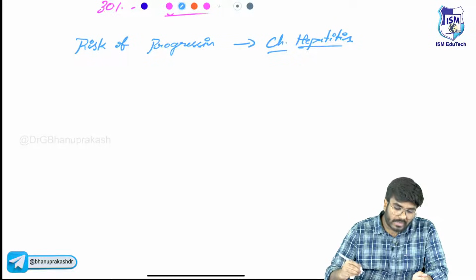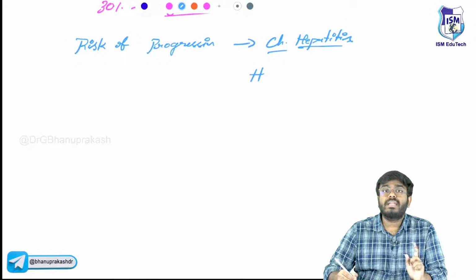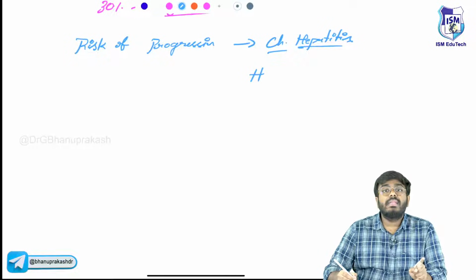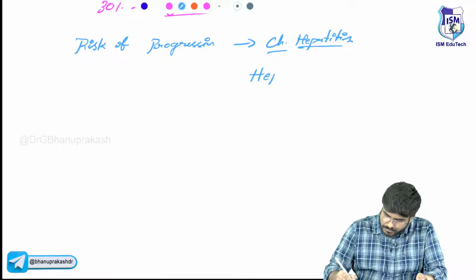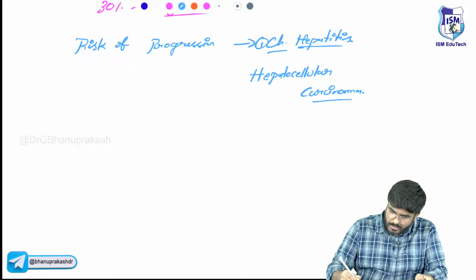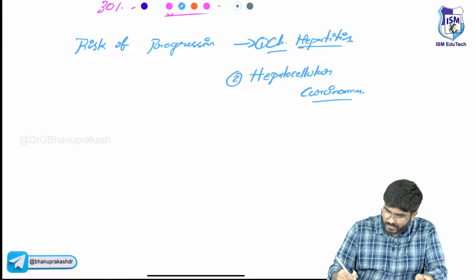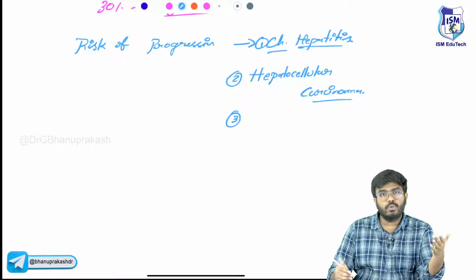Not only that, these patients can have hepatocellular carcinoma, meaning hepatitis B can lead to cancer. Or there can be liver failure. Acute hepatitis B, later chronic hepatitis B, can lead to liver failure.